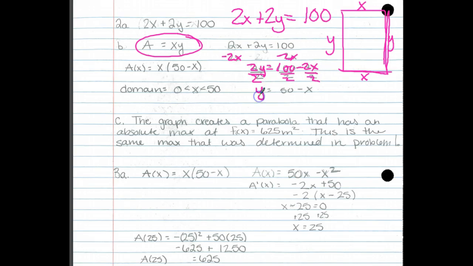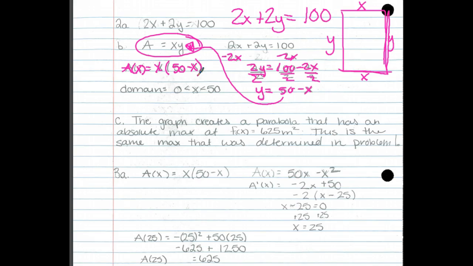And that's how I get the equation y equals 50 minus x. Since now I know what y is, I'm going to take this value and substitute it into my area formula for y. So this is where I get my A of x is equal to x times my new y, which is 50 minus x.